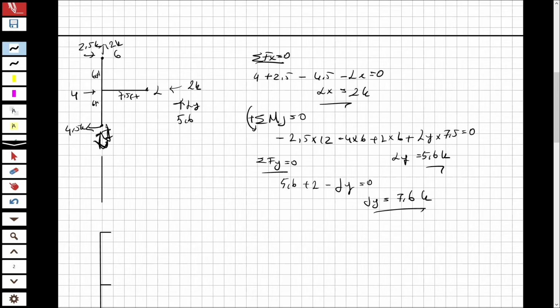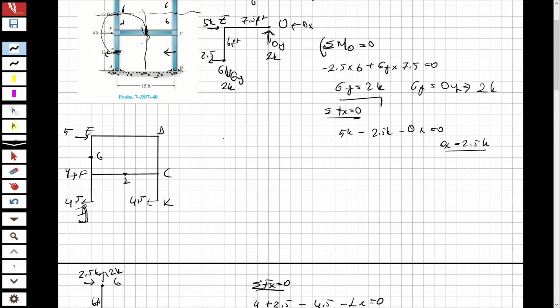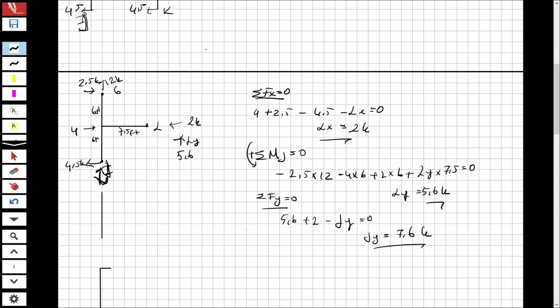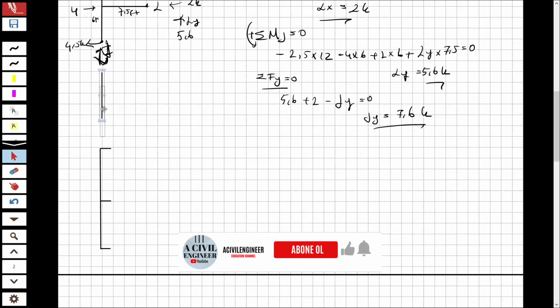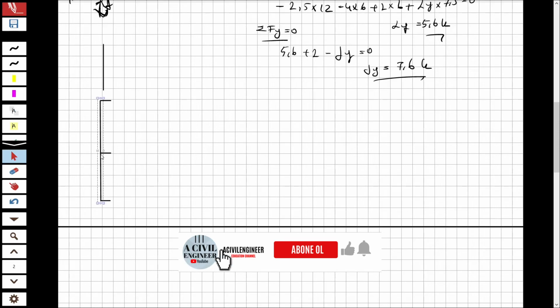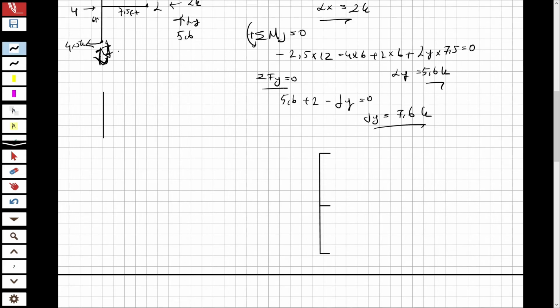So let's solve this last part. One second, I'm going to take it a little down, and this may stay here for now. So this is 7.6.